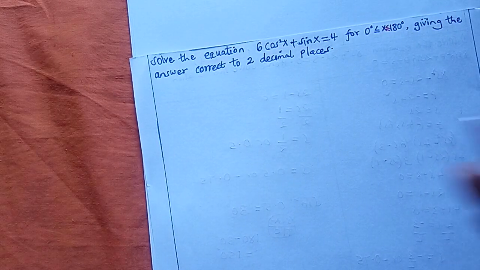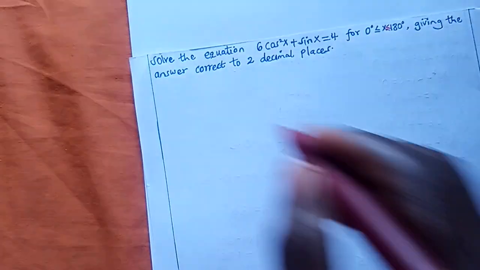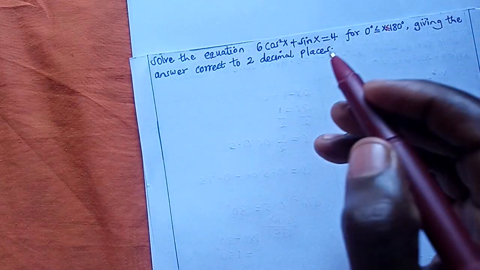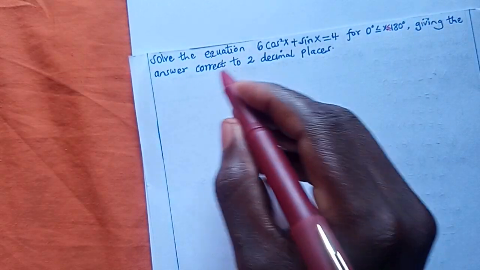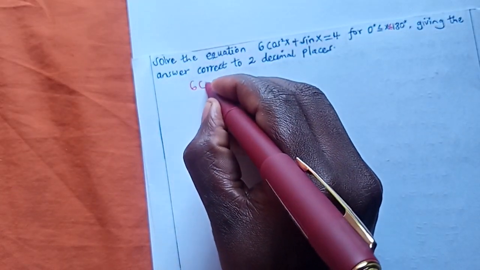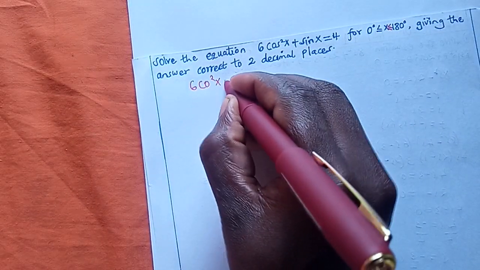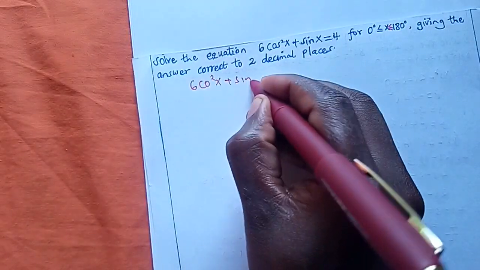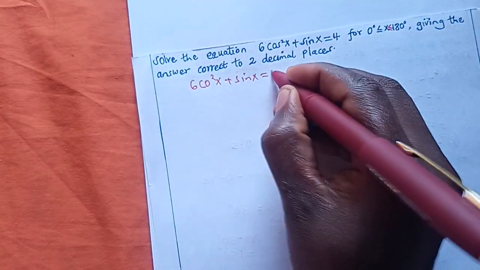Now let us start. We're going to follow the same route by saying that we have 6 cos squared x plus sine x is equal to 4.